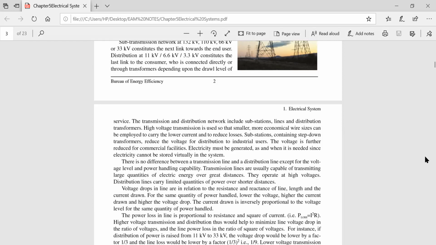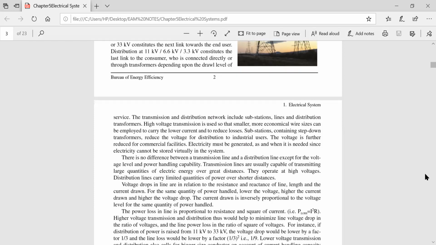A transmission line is capable of carrying a large quantity of electric power over great distances, and operates at very high voltage. Distribution lines are limited, with low voltage, carrying limited quantities of power over shorter distances. Losses also occur there.